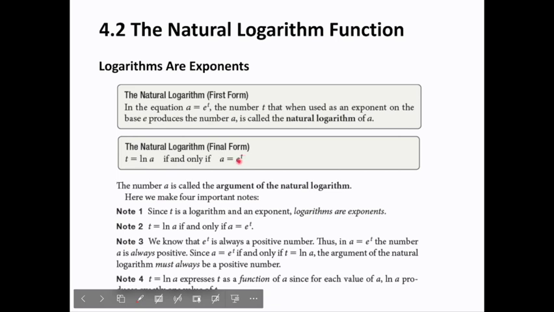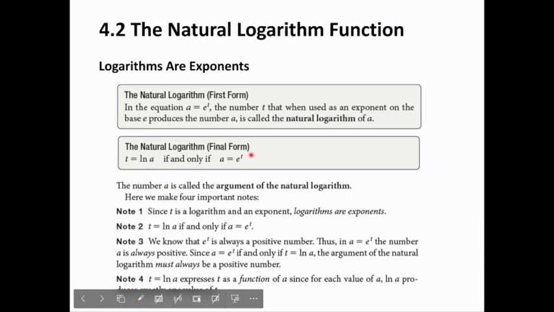So let's check to see what happens when I plug in a negative number. So let's say I have e to the negative 2. Well, let's remember what e to the negative 2 means. The negative 2 as the exponent means we're going to square the e, but the negative tells us to take the reciprocal. So we would have 1 over e squared.